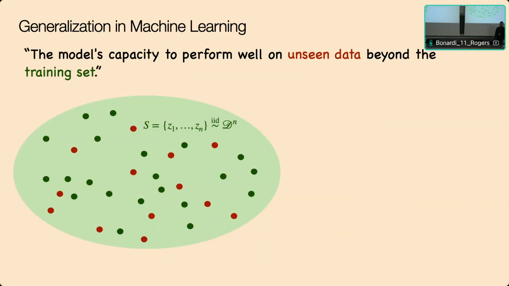So this work discusses generalization in machine learning. Of course, as you know, generalization is the ability of models to perform well on unseen data beyond the training set.